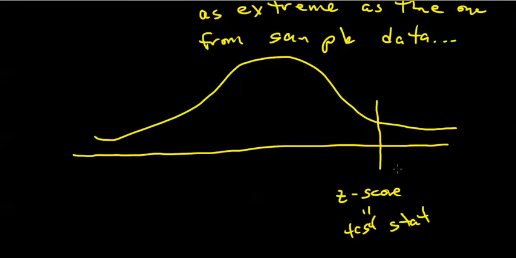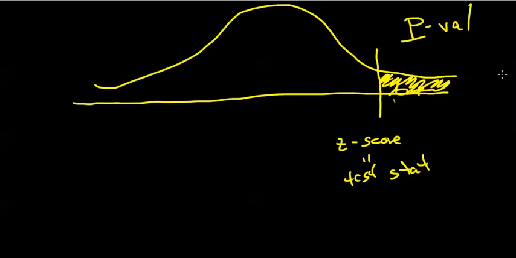I claim this extreme area determined by the test statistic is my p-value. Now, this is for what they call a right-tailed test, but for our first introduction, I don't want to get too complicated here. We'll talk about the different types of tests in a minute.